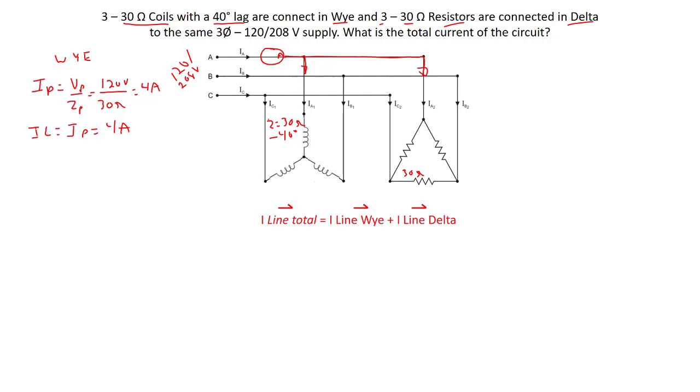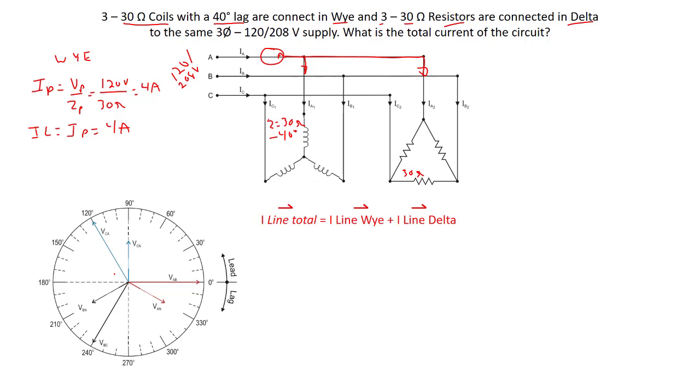But because we have both of these on the same branch circuit, we have to change the reference of the Y to the line voltage. So here's our phasor diagram. We have to put VAB, our line voltage in Y, at 0 degrees because we have the same line voltage over on the delta. And now they're both referencing the same voltage vector.